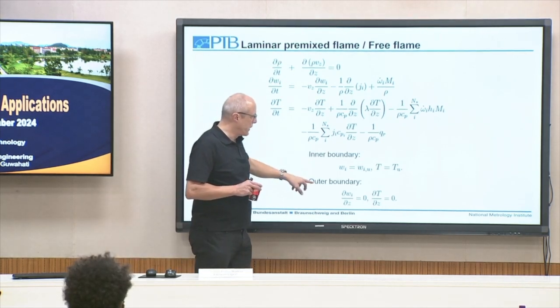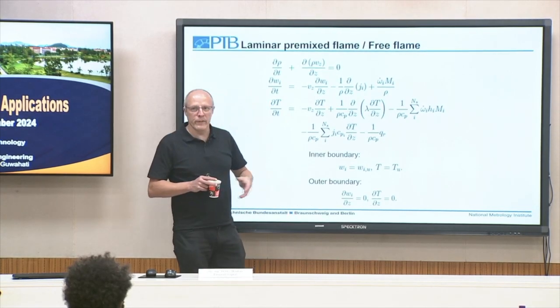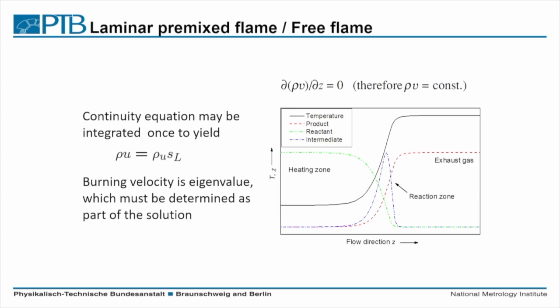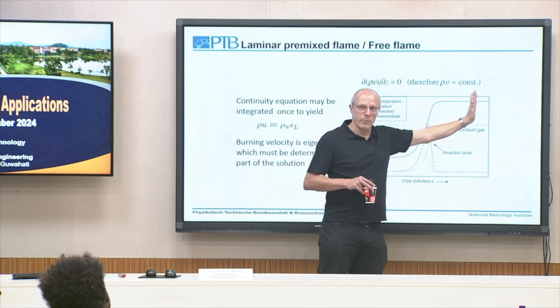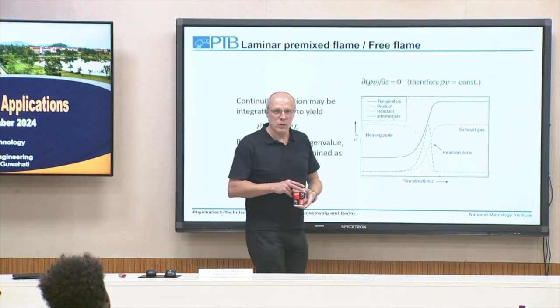This, of course, is true. We have to know the boundary conditions, and for this laminar flame, that means we know precisely the inlet conditions. So we know temperature and mixture composition very well. And we know, okay, at the end we reach the equilibrium condition, so all gradients go to 0.